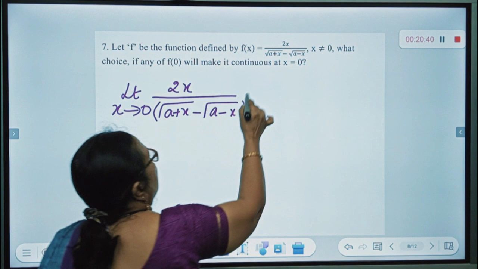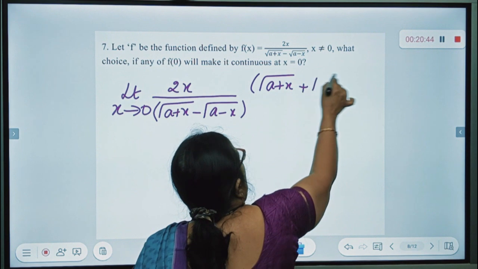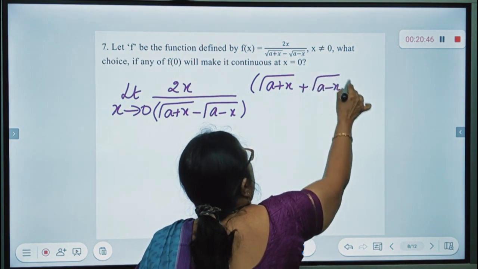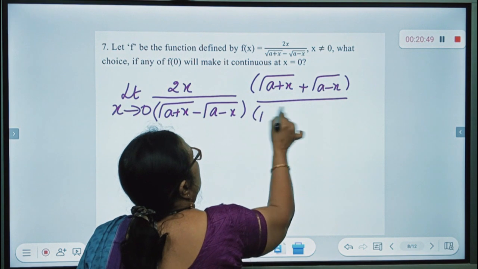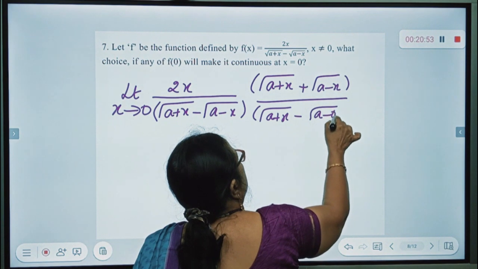Now multiply and divide by the conjugate. Root of a plus x plus root of a minus x divided by root of a plus x minus root of a minus x.